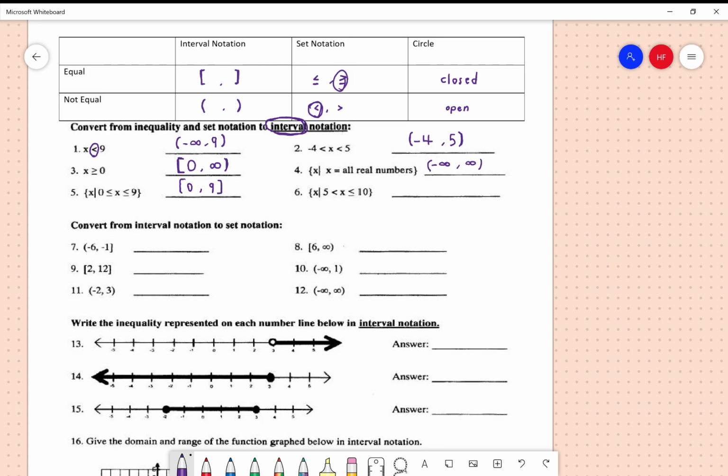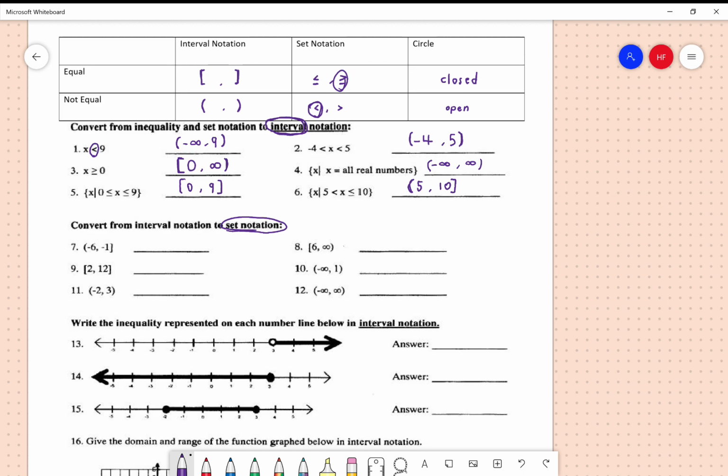Number 6, x is in the set where x is between 5 and 10. So those are my end numbers. And the second one is underlined, the first one is not. Then we've got convert from interval notation to set notation. So now I want them to look like they do in 1 through 6.